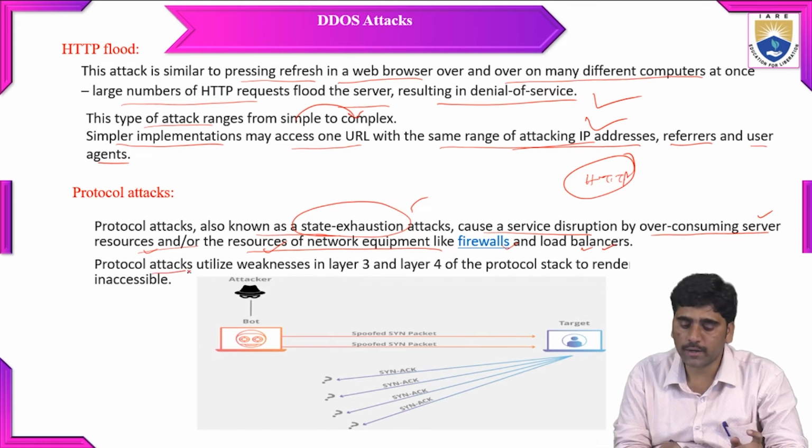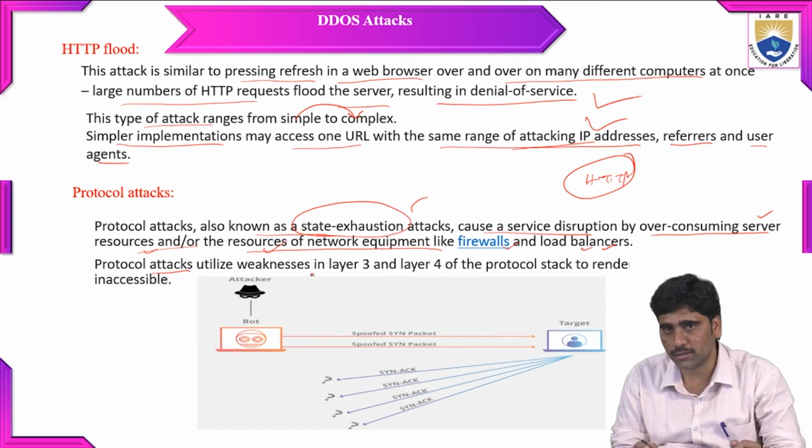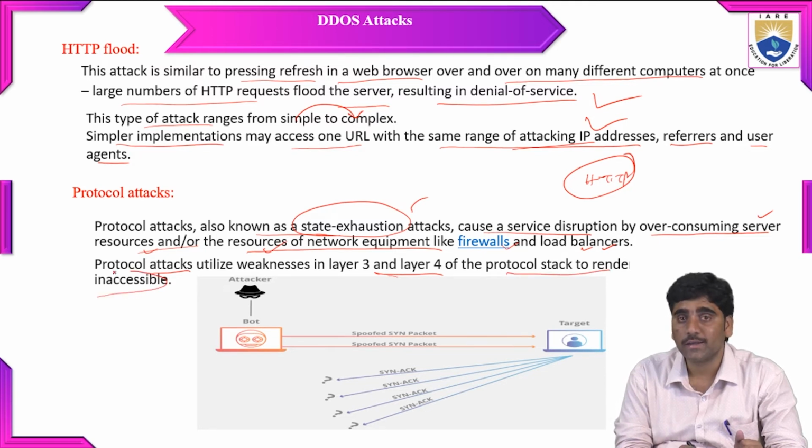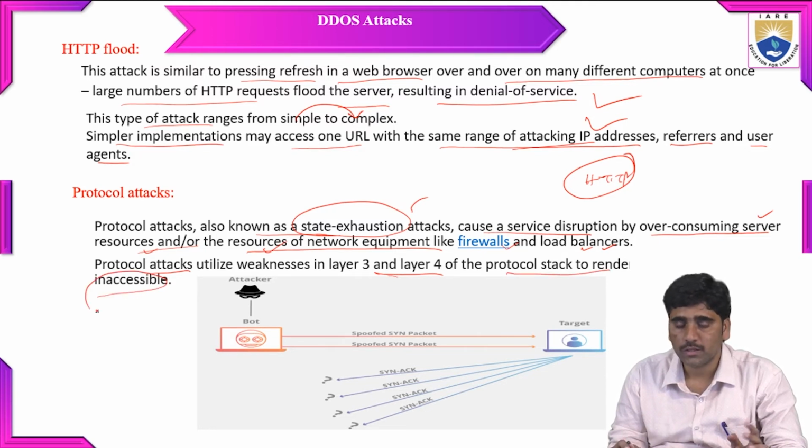And protocol attacks utilize weaknesses in layer 3 and layer 4 of the protocol stack to render a website inaccessible. The layer 3 and layer 4 have some vulnerabilities, so using that weakness, they render it inaccessible.